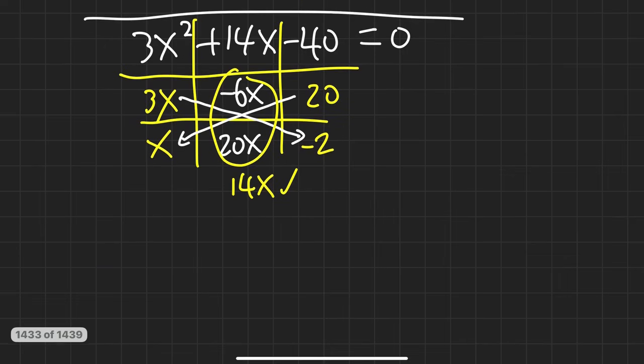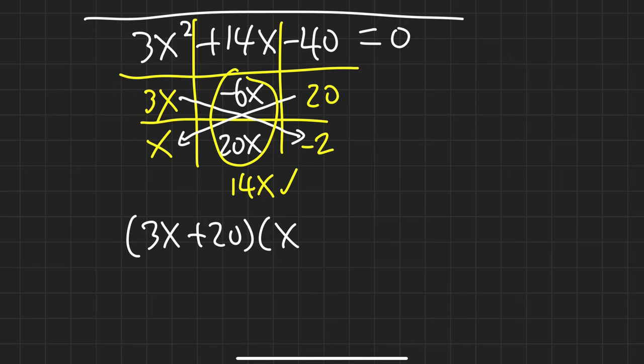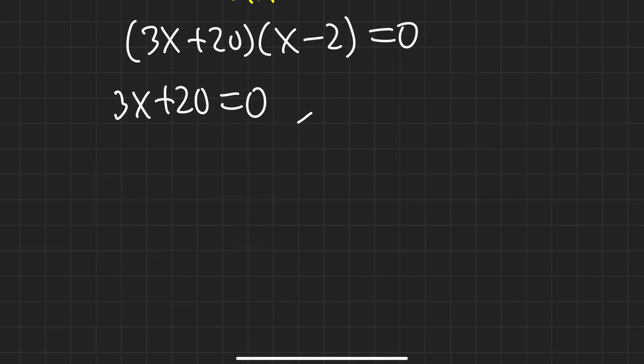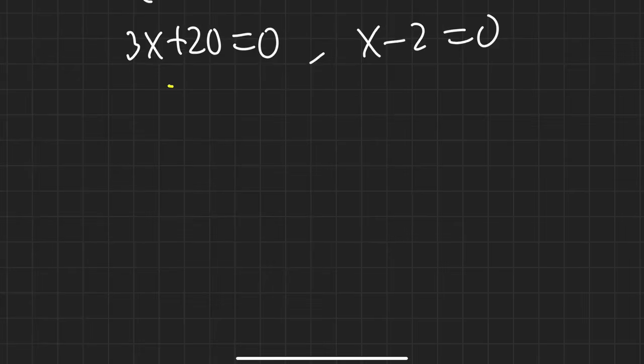So we will have 3x plus 20 times x minus 2. It's equal to 0. 3x plus 20, it's equal to 0. Or x minus 2, it's equal to 0. For the first one, subtract 20 to both sides.